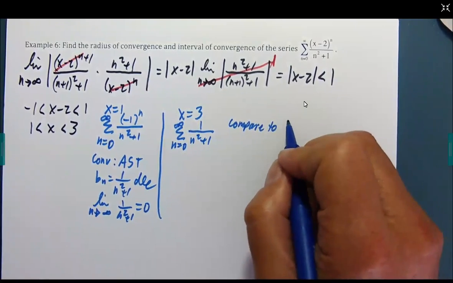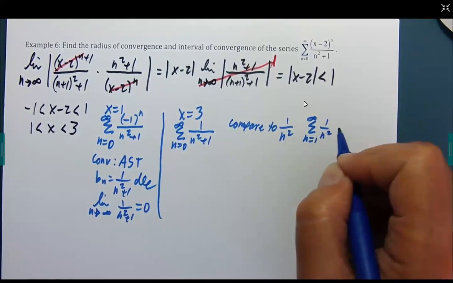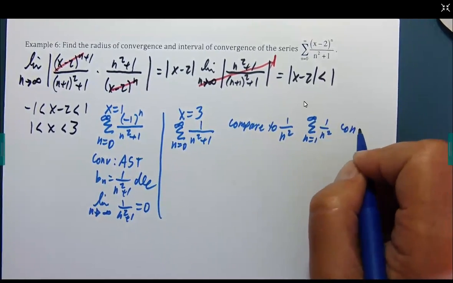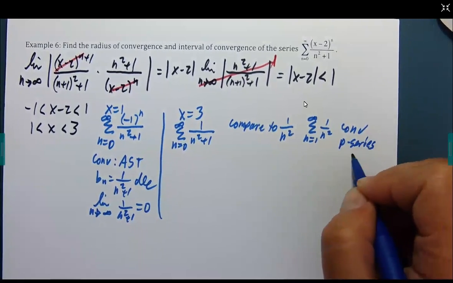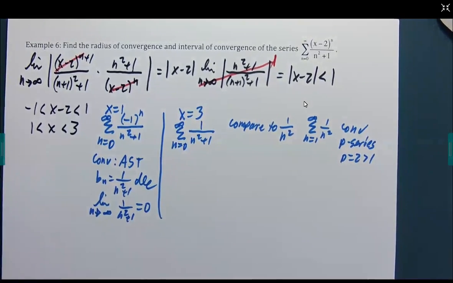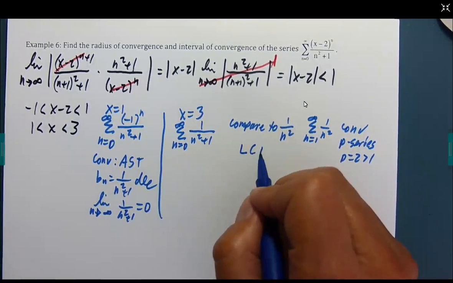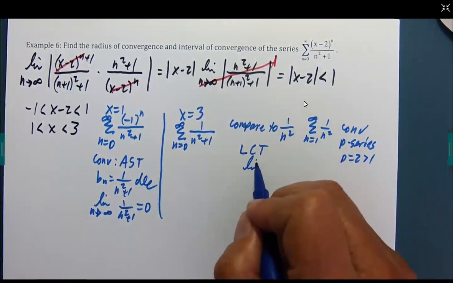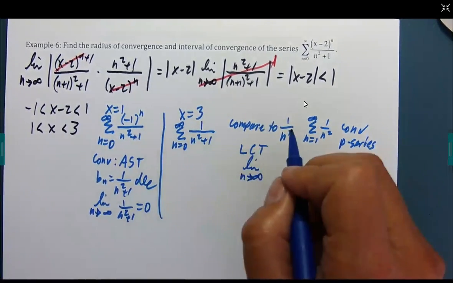I'm going to compare this to 1 over n squared, which we know is convergent because it's a p series. And if I run the limit comparison test, it's going to be that over that.